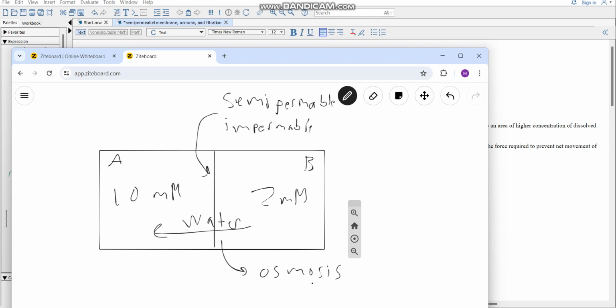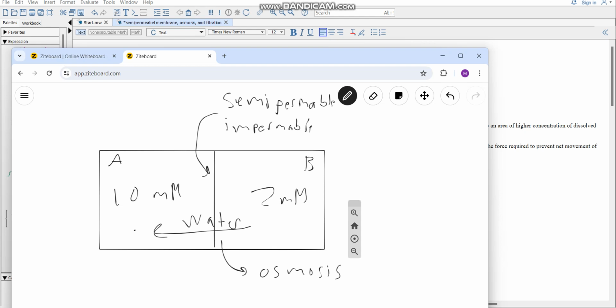So for example, if you have a solution of sodium chloride, it could be 10 millimoles of sodium chloride and 2 millimoles of sodium chloride in compartment B. So water would then diffuse toward the high salt concentration.